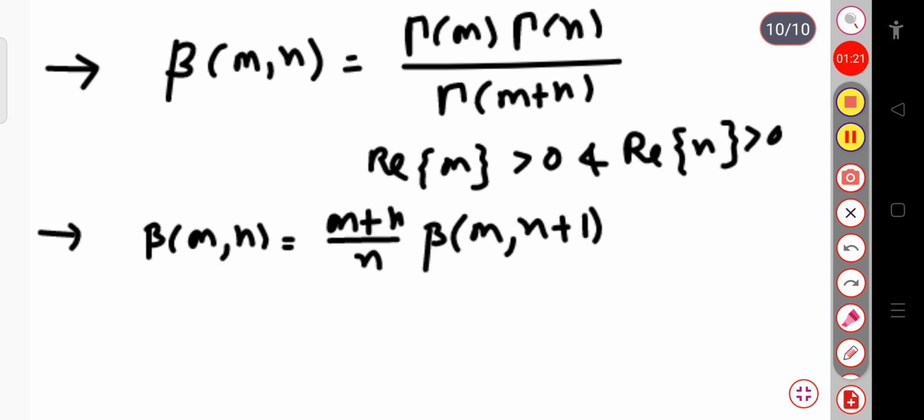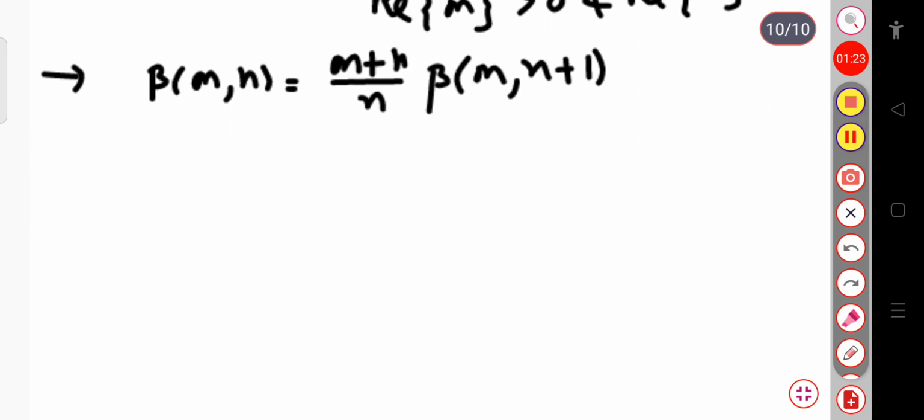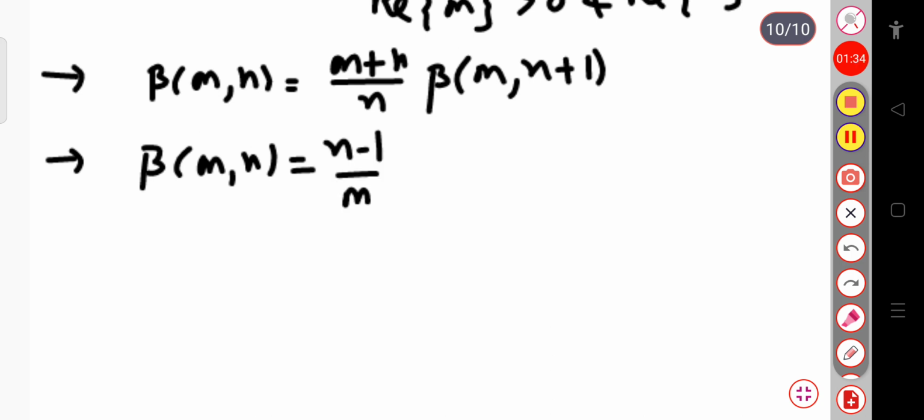This representation can be directly asked in your exam. So the next is, this beta m, n also can be written as equal to (n minus 1) divided by m, and here the beta is the function of m plus 1 and n minus 1. Okay, so just try to remember all these things.